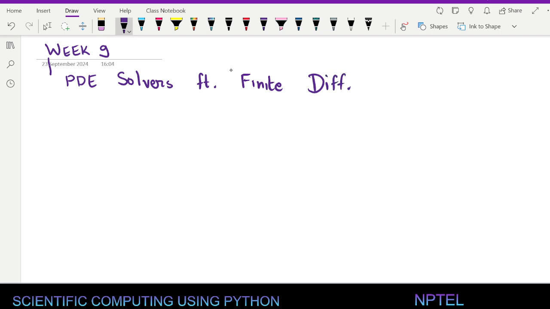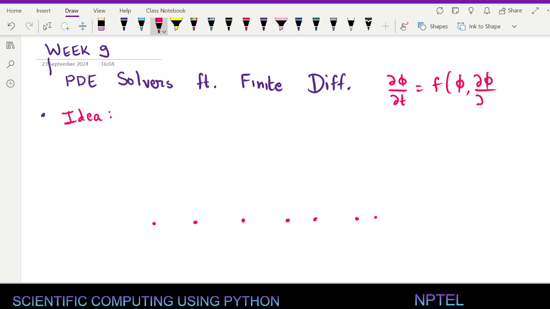Okay, and as usual, let's start with the idea. The idea is that you discretize your space, and the equation is of the form del phi by del t is equal to some function of phi itself or its derivatives, right? Del phi del x, del 2 phi del x2, etc.